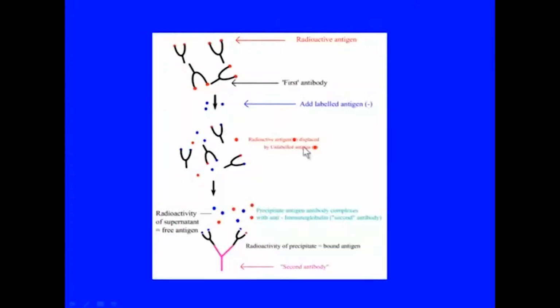Now, to explain that through a figure, if you see on your screen, there is an antibody and there is a red colored antigen bound to it.